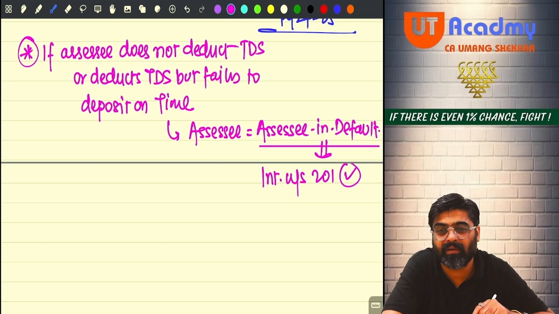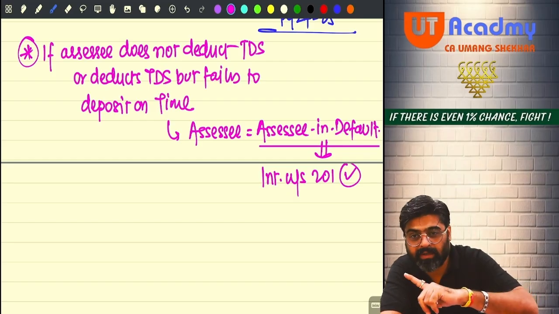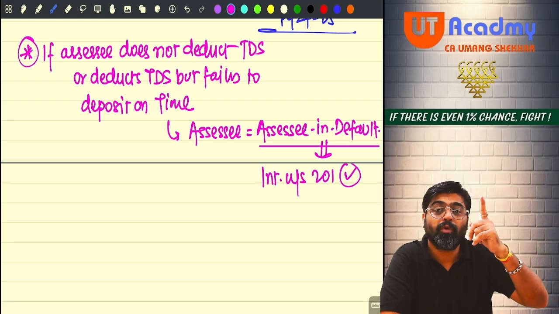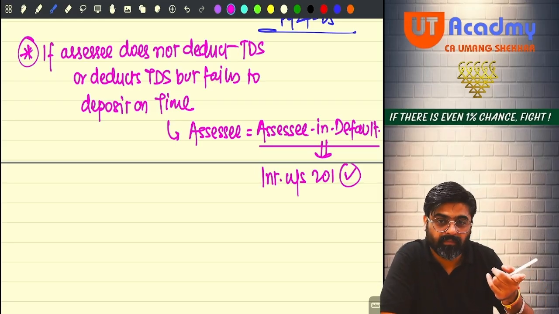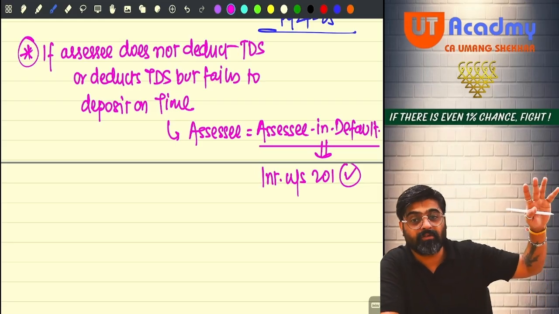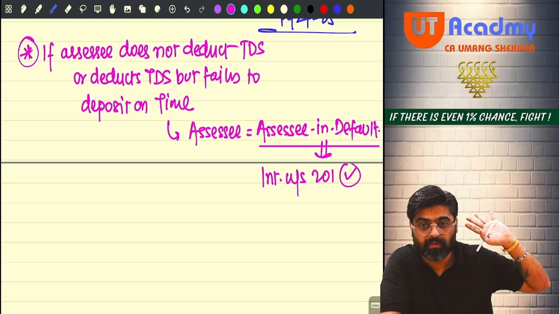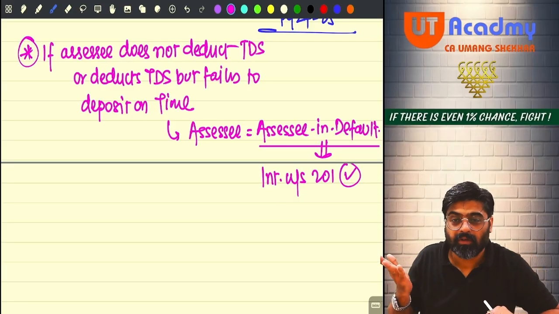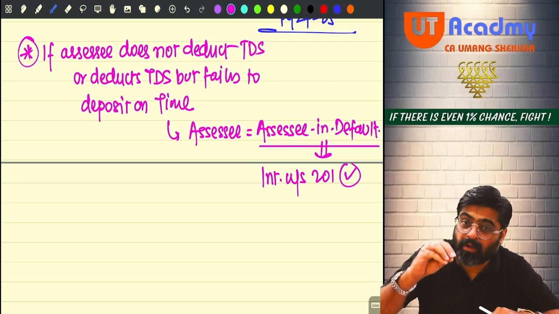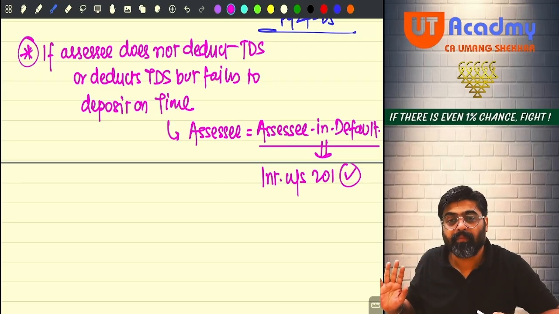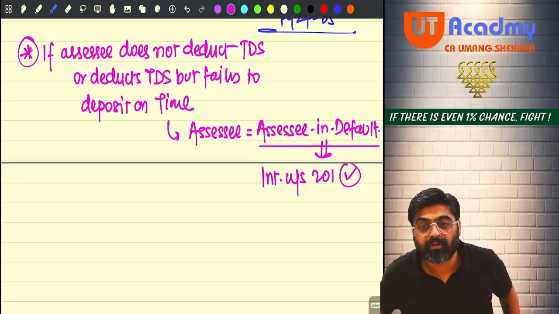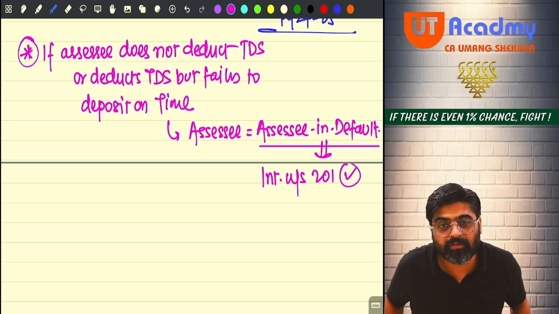Getting my point, everyone? Now pay attention. Very important thing I am going to tell you now. If you don't deduct TDS, you become assessee in default and interest under 201 is charged. Or what is the second case? You deduct TDS but you don't deposit on time, then also you become assessee in default and interest under 201 is charged.